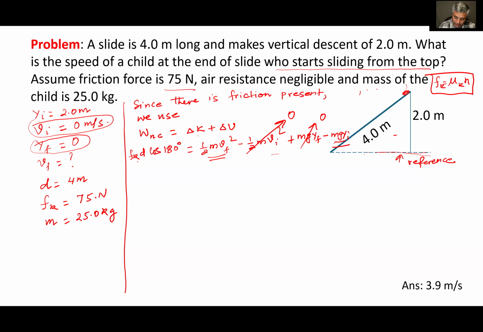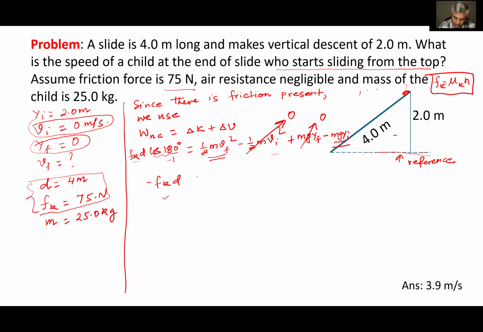On the left hand side, what we have is cosine 180 degrees, that is -1, and there is F_k times d. So we know both F_k and d. We already know them here, right? So we know everything on this side.